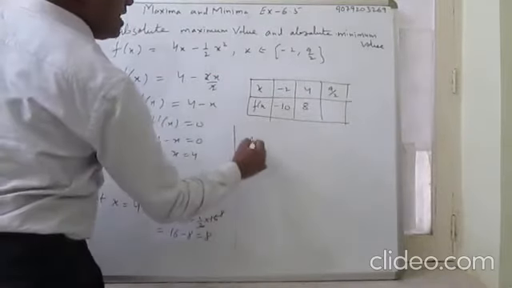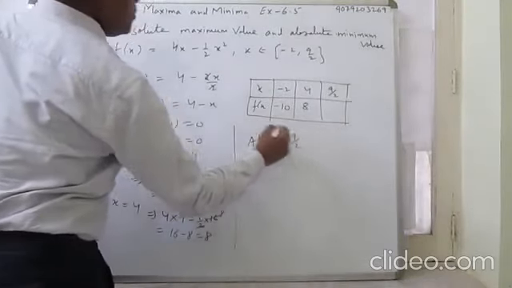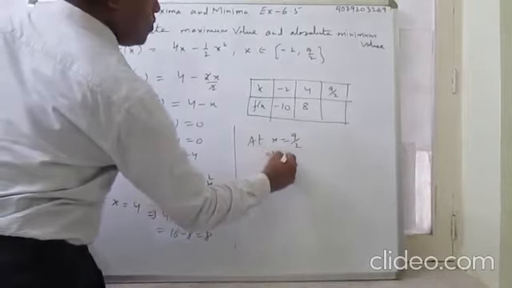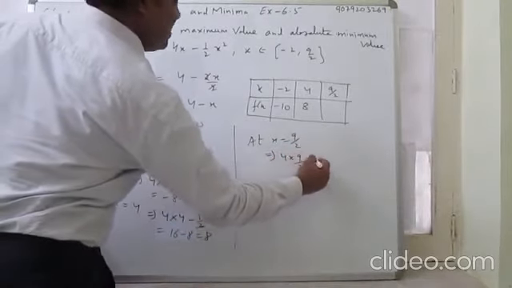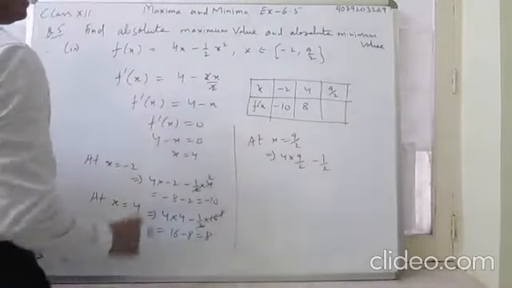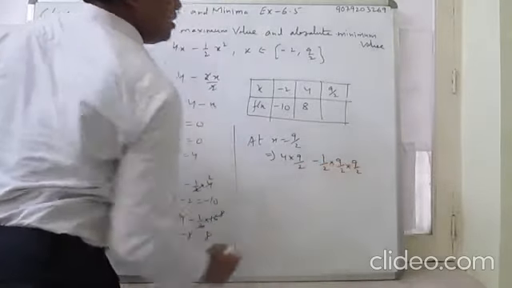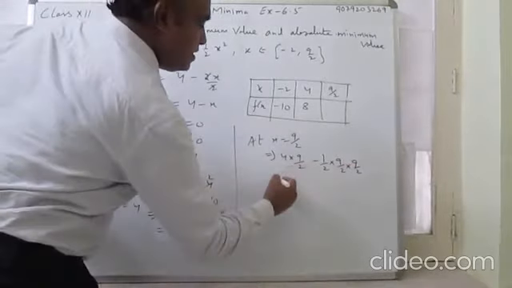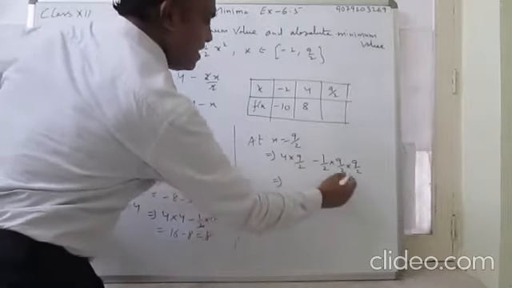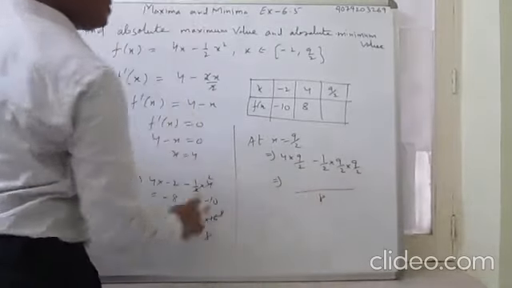Now, at x is equal to 9 by 2, put it here, 4 into 9 by 2 minus half x square, means 9 by 2 into 9 by 2. So it becomes, take the LCM. So what is the LCM? 8 is the LCM.